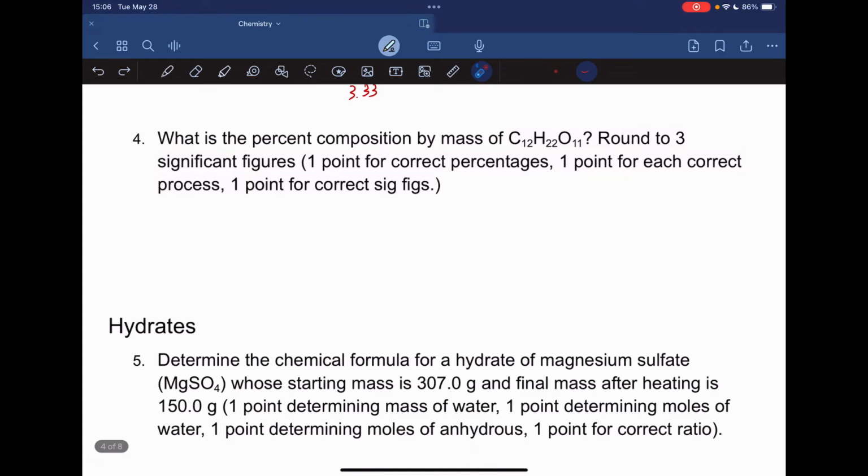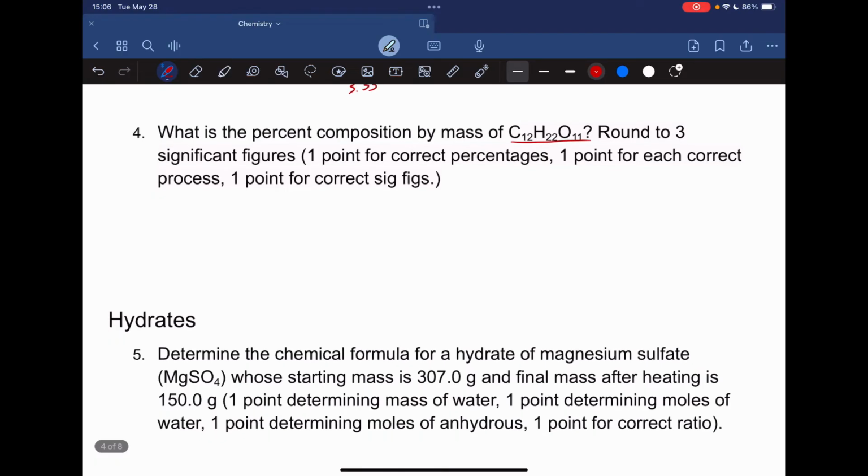Problem number 4 is finding the percent composition by mass of this compound right here, C12H22O11. We're going to round to 3 significant figures. So this time I'm telling you what to round to because there's no measurement provided.